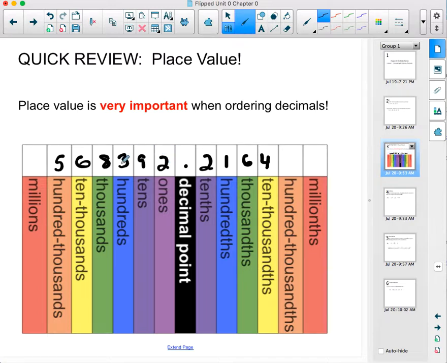Remember 1, 2, 3, put your comma in like that. And then 1, 2, 3, we do not need a comma in front of the 5. So when we start reading this, we will read 568,392. Once we get to the decimal, we read the word and.